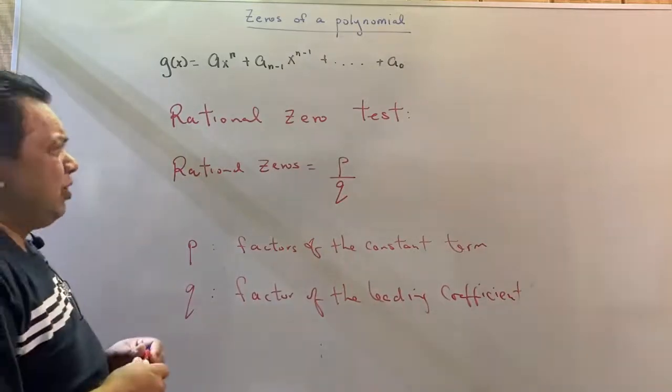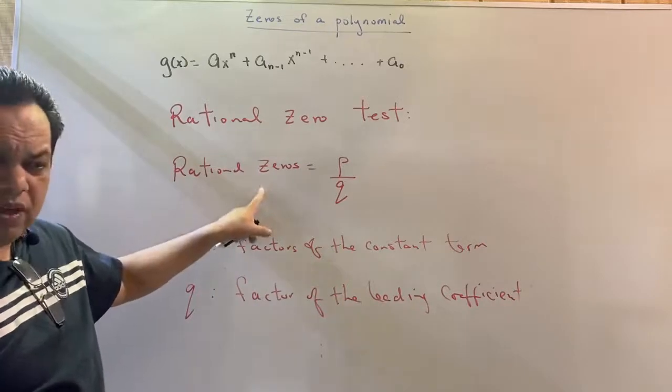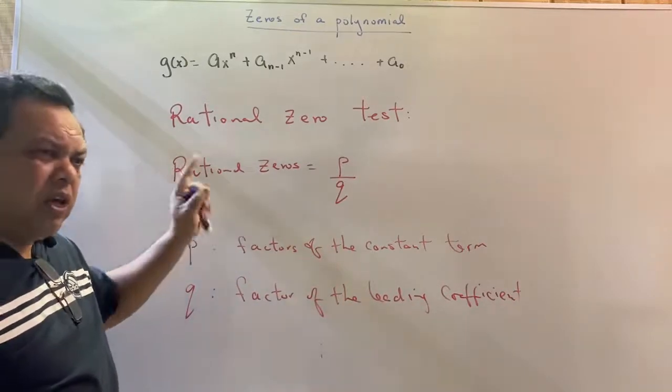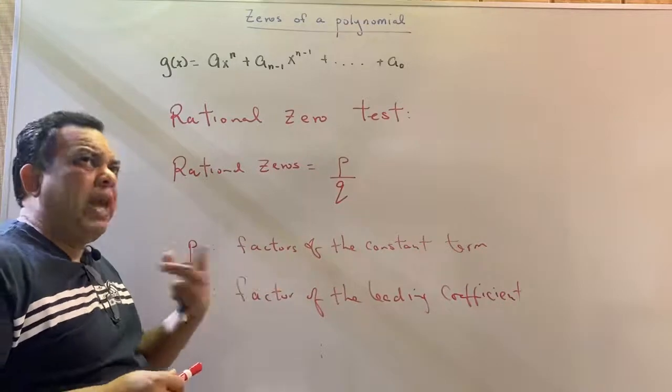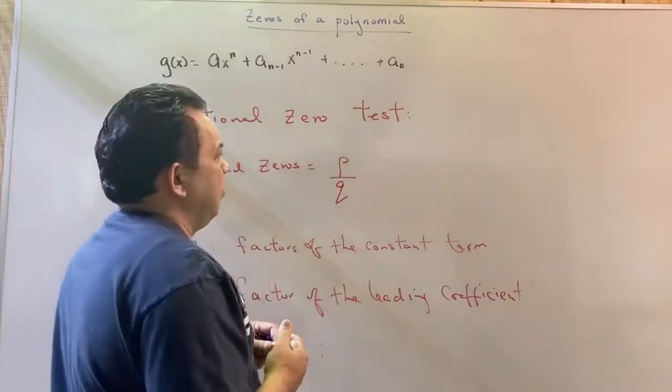So that's what our rational zero test is. And now keep in mind, it's a rational zero. So we are looking for ways to find zeros, at least the rational zeros.